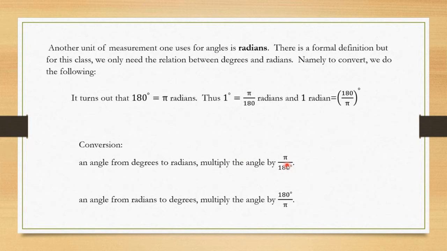So which of these do I use? I'm going to use this one because I don't want degrees in the answer. If you have degrees in the denominator, odds are it's going to cancel. I hope that helps.